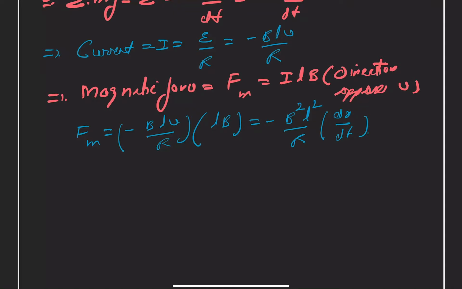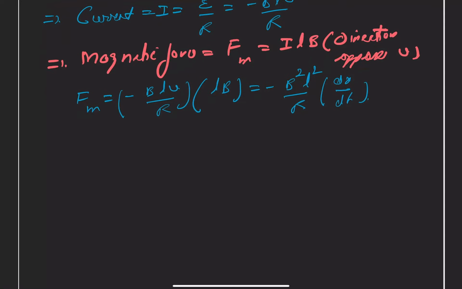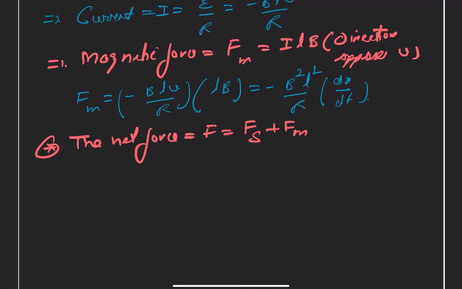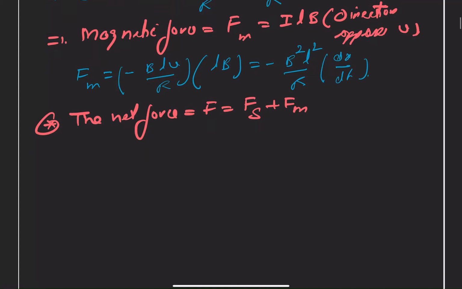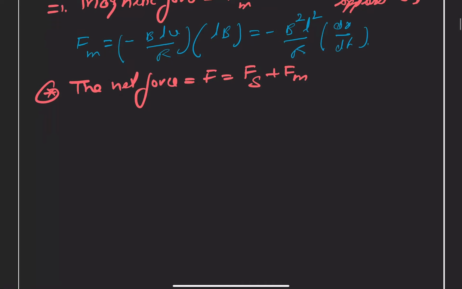So therefore, the net force, if we represent it as F, will be equal to spring force plus magnetic force, and we substitute the respective values.